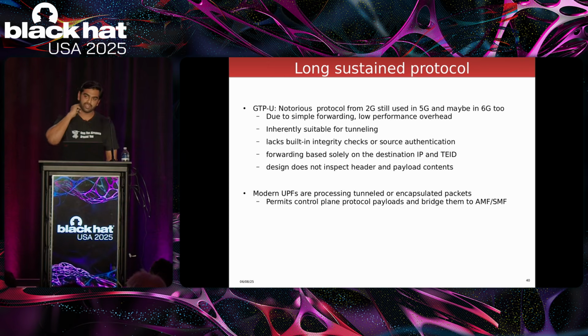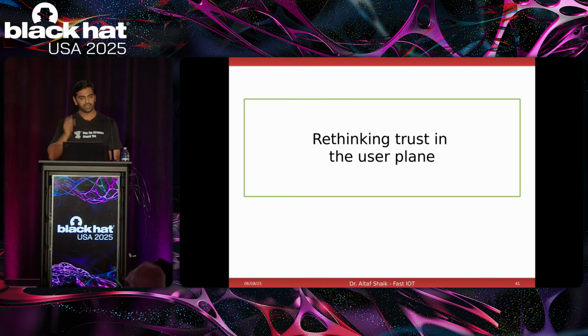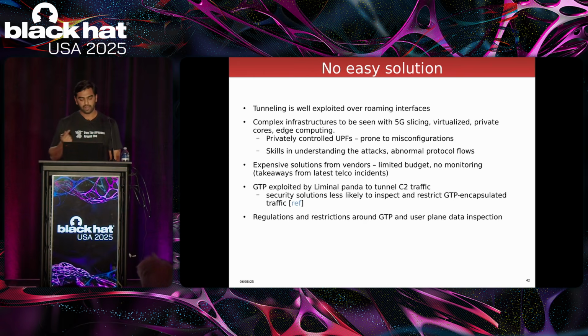What's worrying is that modern UPFs are also processing these kinds of encapsulated packets. Having a firewall is another story, but having these things fixed in the design is what matters. Previous design practices are still reused in 5G, and this has to change, and vendors have to think about it.